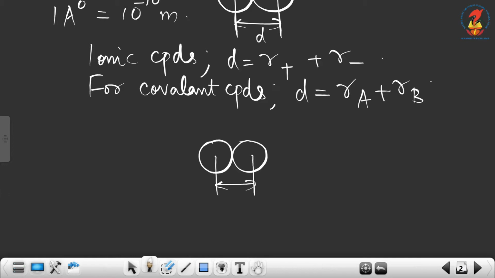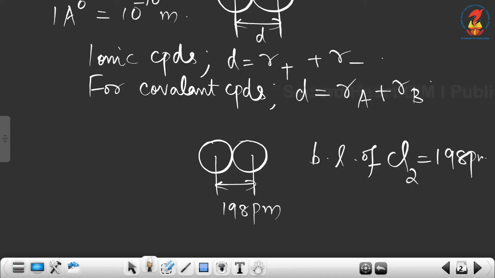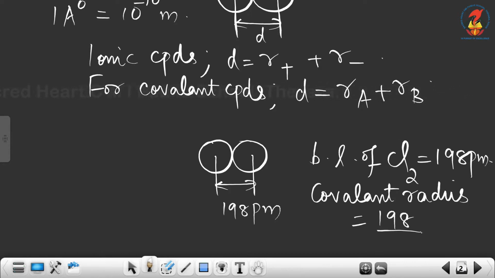If this distance is 198 picometer, then this is the bond length of the chlorine molecule, Cl2. What will be the covalent radius of chlorine? Covalent radius will be half of the bond length, that is 198 by 2, which is equal to 99 picometer.